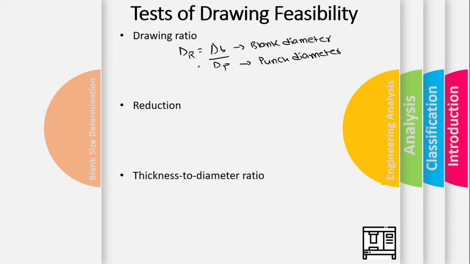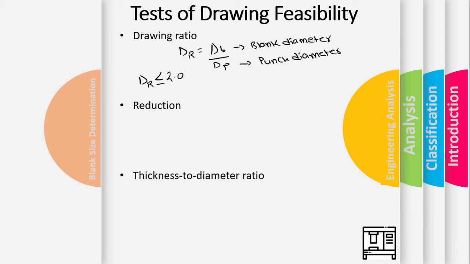As an empirical observation, the upper limit of the drawing ratio is 2. In simple words, the drawing ratio should be less than or equal to 2, right? So the blank can be at most twice as large as the punch diameter, right?